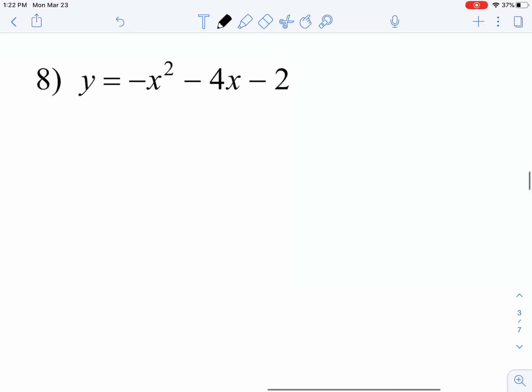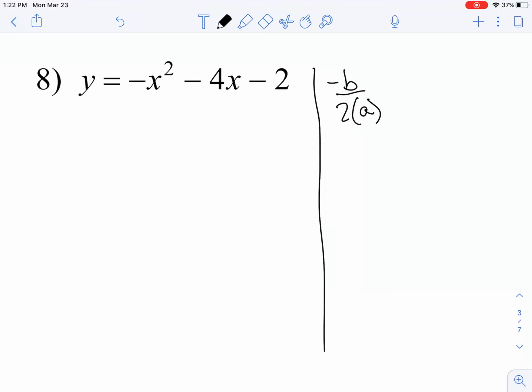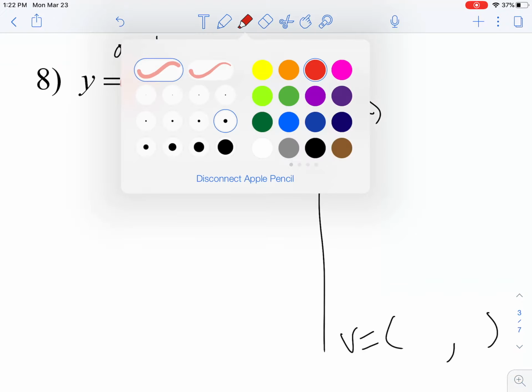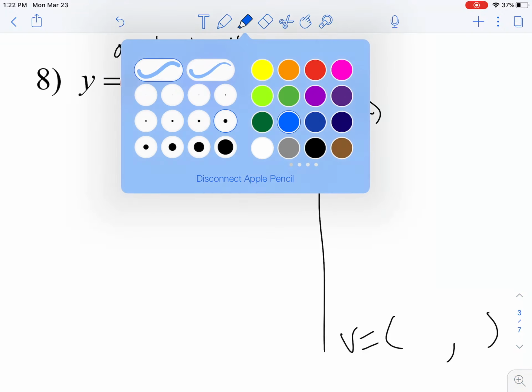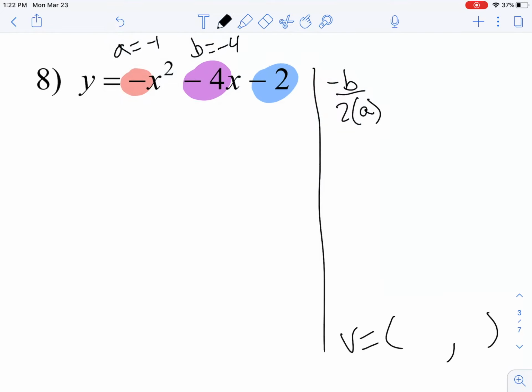All right, let's do one more of these and then we'll look at how we find our second point. Negative b over 2a, the vertex equals some number and some other number. My first term, a equals negative 1, b equals negative 4, and c equals negative 2.